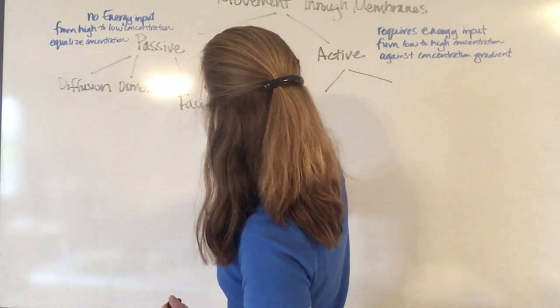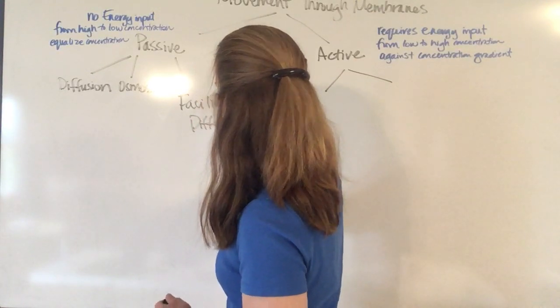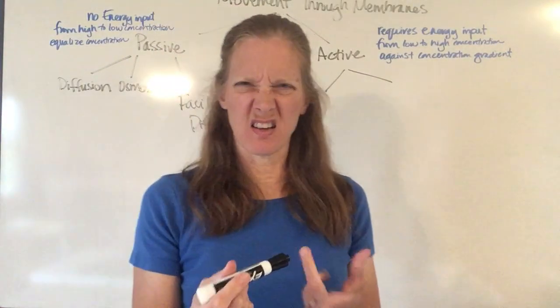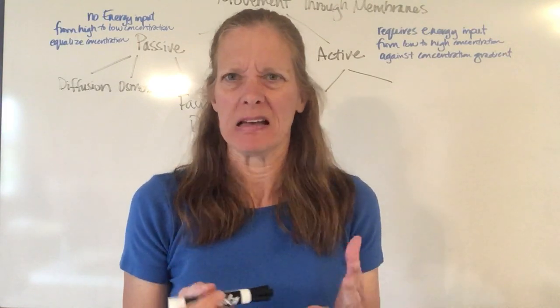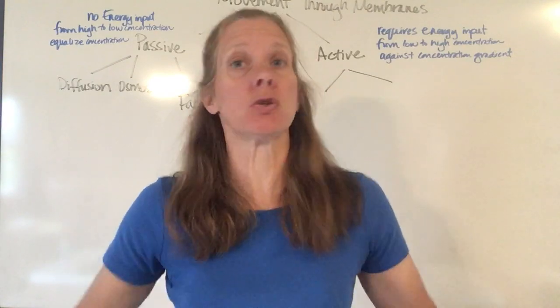One way that you can think about this is, if you think about your house, ants and spiders and even mice can all get into the house without you opening the door and inviting them in.